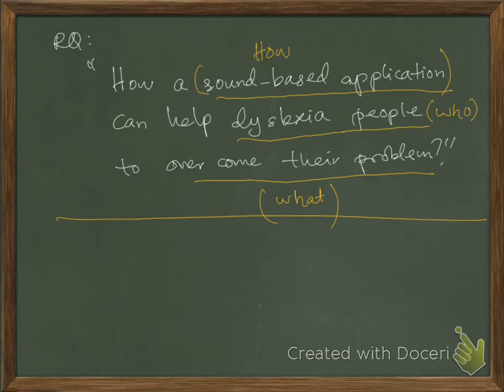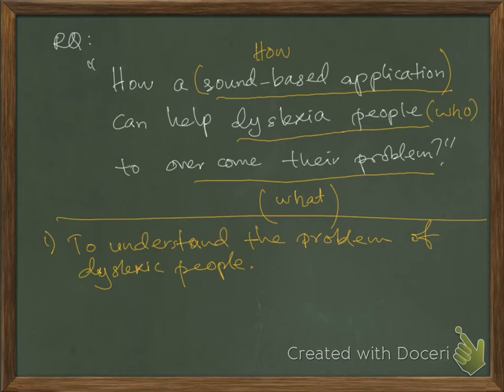For example, the first objective could be to understand the problem of dyslexic people. So you need to understand the problem, which is the what, and dyslexic people, which is the who. This is to answer at least the what and who questions.